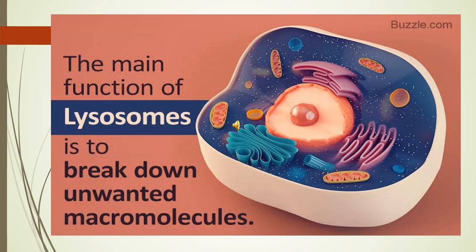Another important point, the suicidal bag. When a cell gets damaged, the lysosome may burst and the enzymes digest their own cell. Therefore lysosomes are the suicidal bags of the cell.